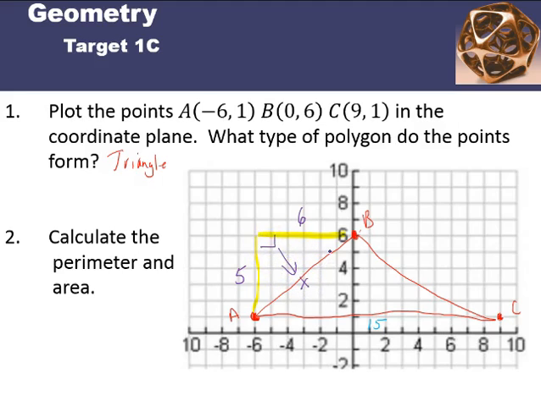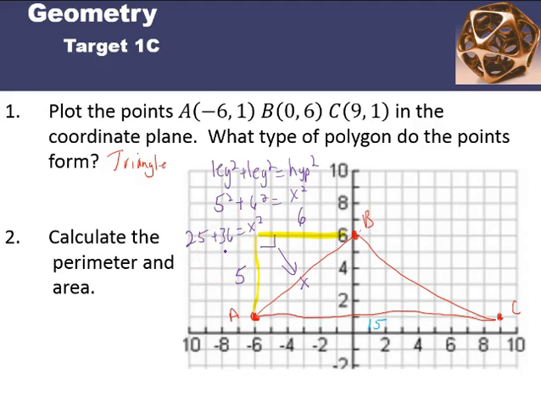We'll go ahead and call it x, and we can do the Pythagorean theorem. And remember, that's leg squared plus leg squared equals the hypotenuse squared. So my legs are 5 squared and 6 squared, and that equals x squared. So that's 25 and 36.